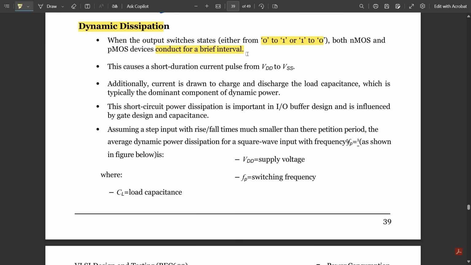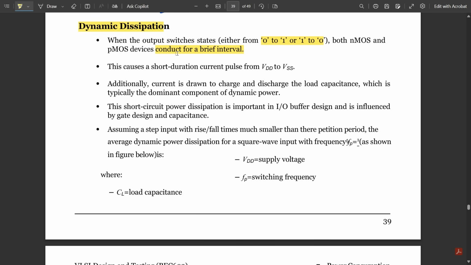For static power dissipation, if the input is 0, the output is 1, and if the input is 1, the output is 0. But in this case, when the output switches states, either from 0 to 1 or 1 to 0, both NMOS and PMOS devices conduct for a brief interval.